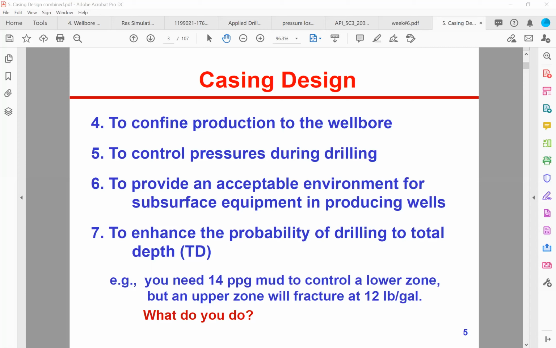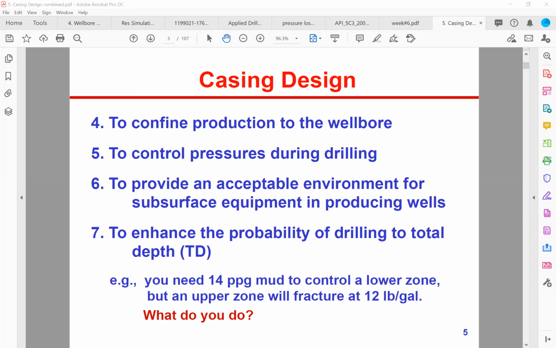Higher density, why? To control your bottom hole pressure and make sure you don't have leakage from the reservoir into your wellbore. Exactly. So as you go down, you need higher density fluid because you don't want a blowout or a kick to happen from formation fluids coming into your wellbore, right?